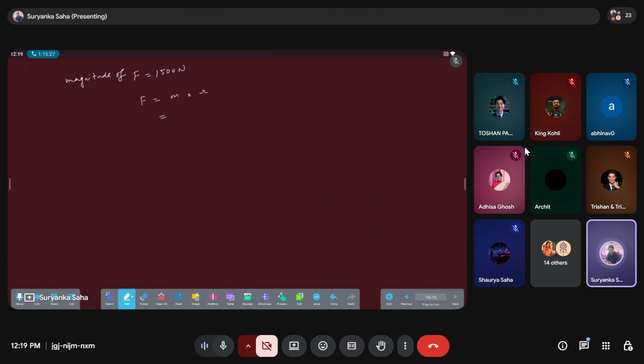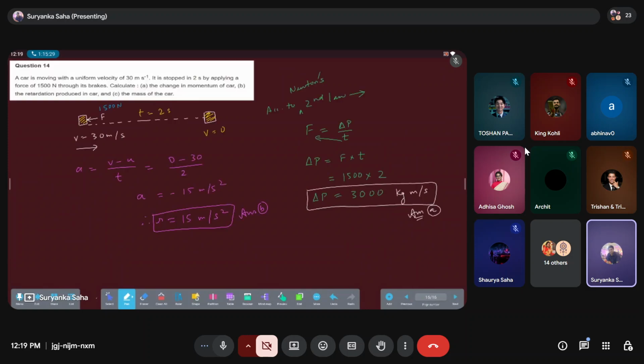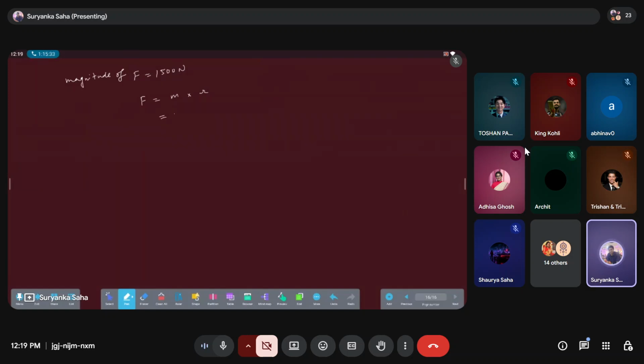So what is the mass? You are going to find out the mass. So just write M equal to F by R. We are dividing it.